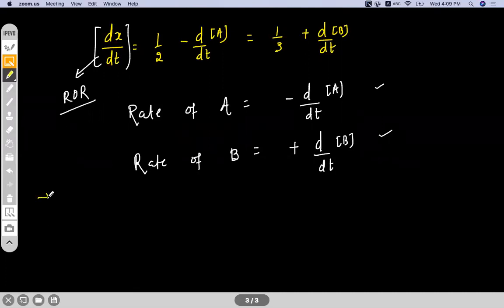Before that, just one general expression I'll write down. Suppose we have a reaction aA plus bB gives cC plus dD. Those who were there in the last class have already written it.